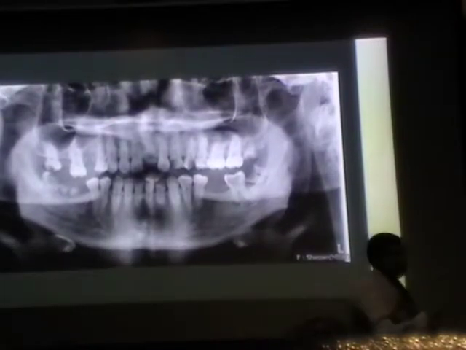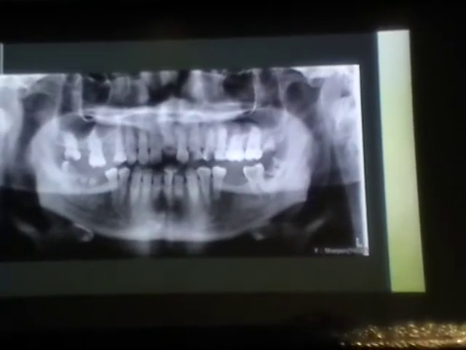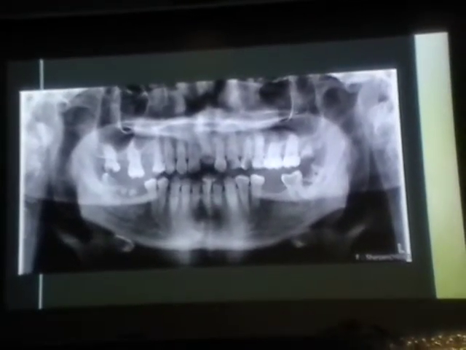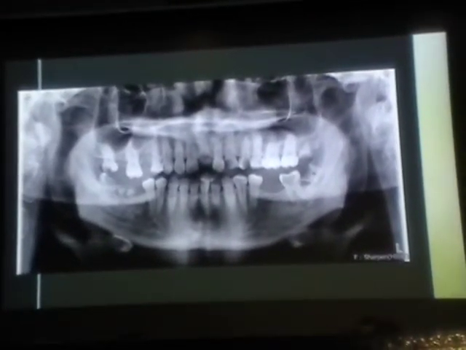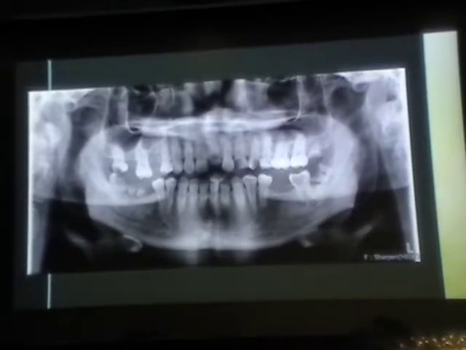The person who asked, he didn't attend the class. So we have to use lead aprons when taking a pan, that is correct, but we can't use the thyroid collar part. There are lead aprons only covering up to the neck region, and there are lead aprons with the thyroid collar, which we use in children.